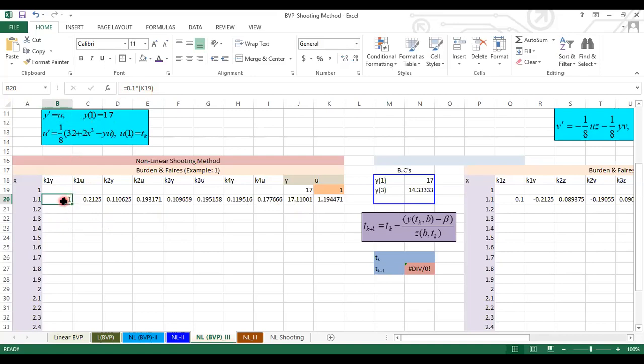So a u value has been adopted. You can see this cell calculation involves this cell which has been outlined. Similarly, you can check for all of the calculations, and the next step is to repeat these calculations for the whole solution domain.